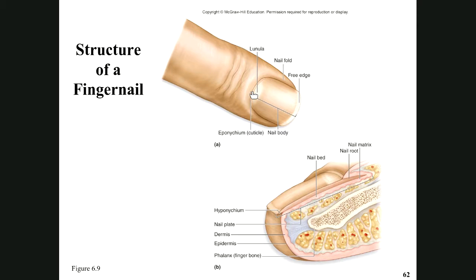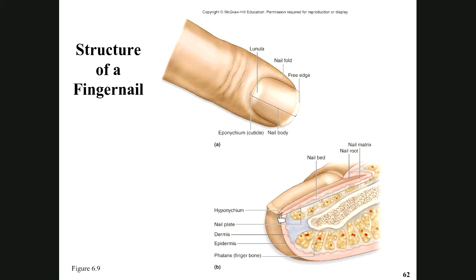And the other part of the nail, which is located beneath the free edge of the nail, is called the hyponychium. This is the thickened stratum corneum over which the free nail edge projects. So these are the different parts of the nail.